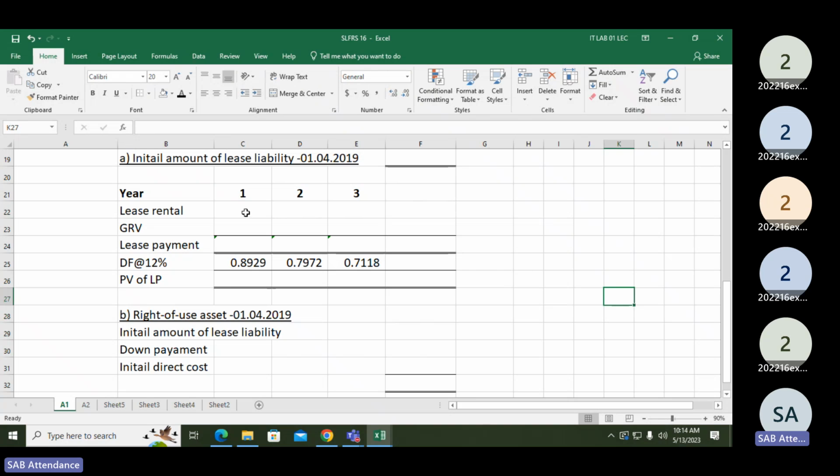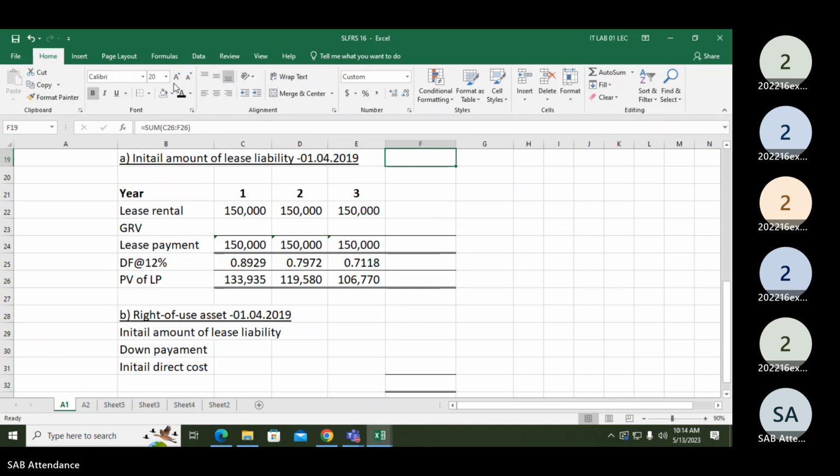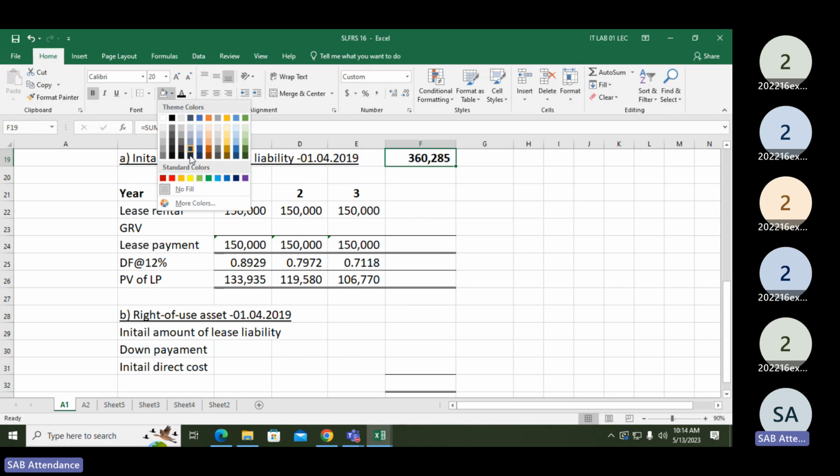Right, so this one, lease rental, 3 lease rentals, 150, no guaranteed residual value actually, right? So you can even ignore that part. So it is 150 multiplied by the discounting factor and you get the total, which is 360,000.